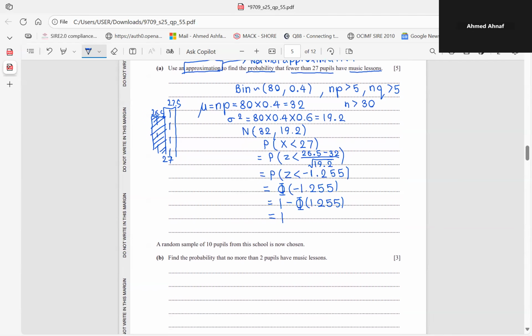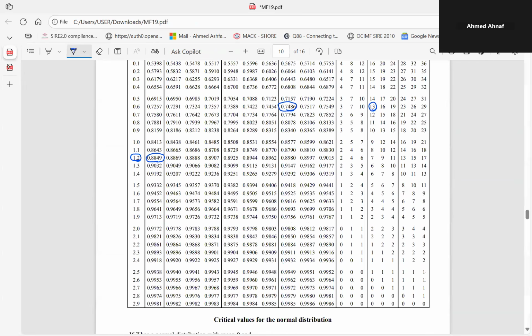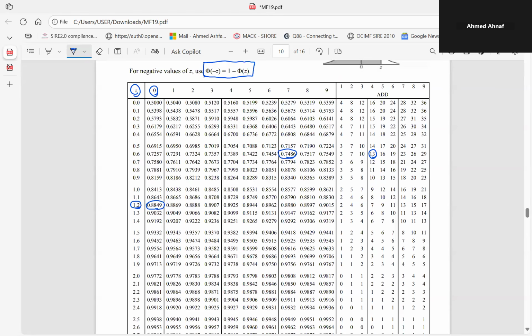So now let's use our normal distribution table. Let's look for 1.2. It's right here. Now let's look for 5 and again 5. So for 1.25, we get 0.8944. And then for the last 5, we have to add 9.